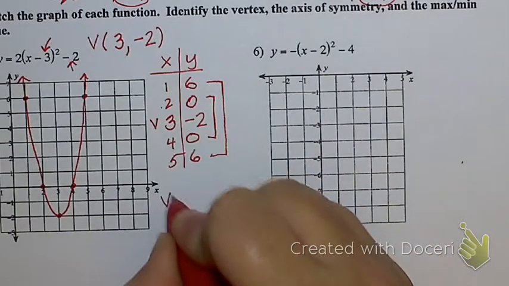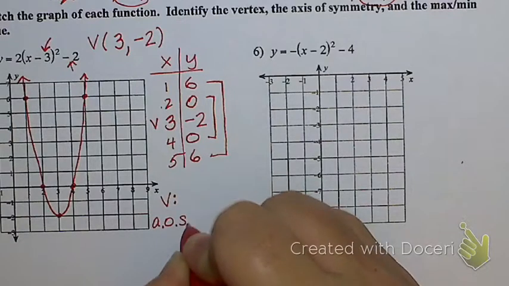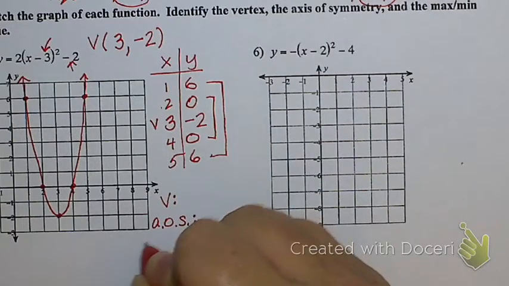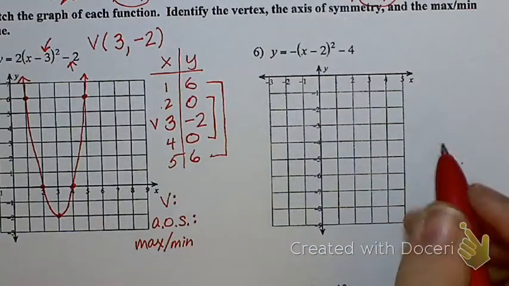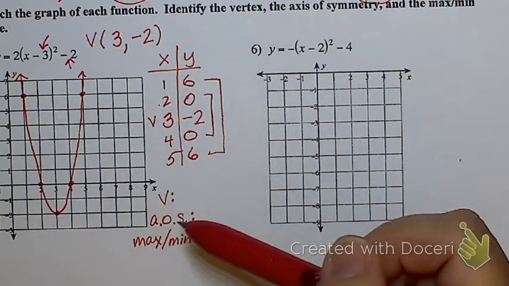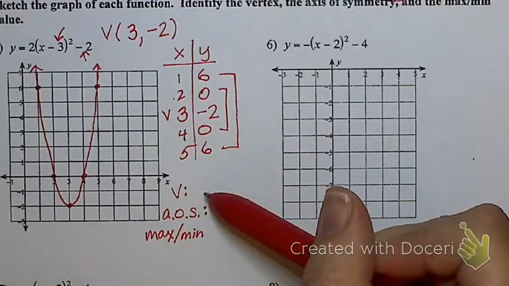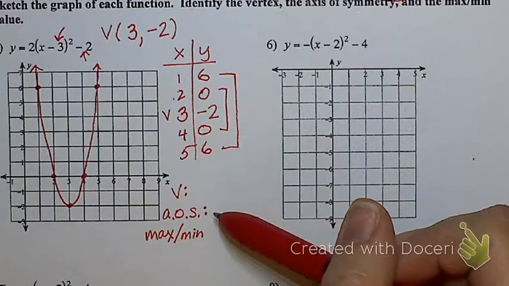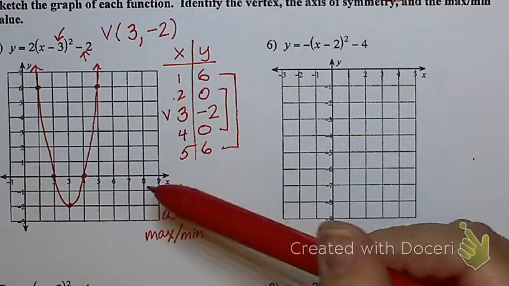I have a vertex I need to fill in, an axis of symmetry. Like 3, 4, 5 points per problem from the test. Because there's lots you have to do, so you need to get credit for everything you have to do, right? You need to be able to get credit for identifying the vertex, identifying the axis of symmetry, doing your XY chart, plotting the points. You got to get credit for all that.